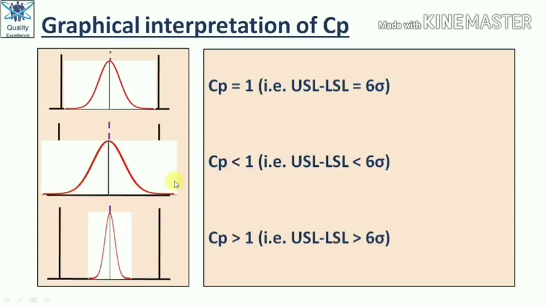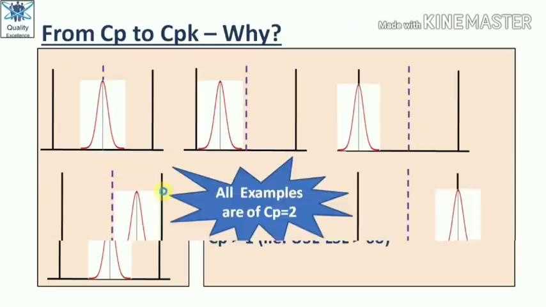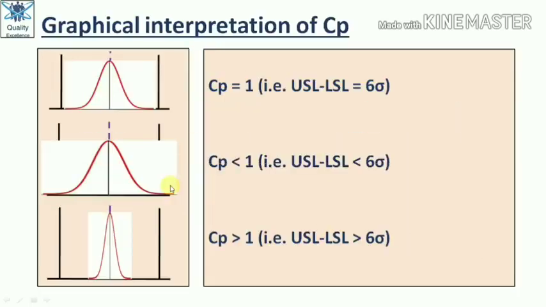So USL minus LSL is less than 6 sigma. 6 sigma is nothing but our process width. So you can see here our process width is more than our specification width. It means that we will produce some bad parts which will not be acceptable by the customer. So in this case CP will be less than 1 because our numerator is less than the denominator.